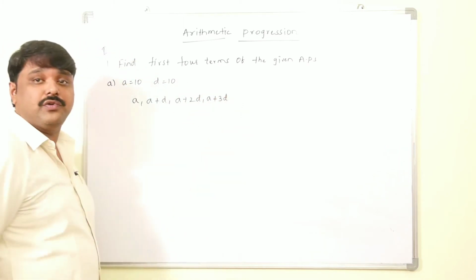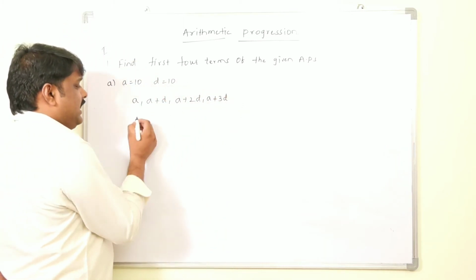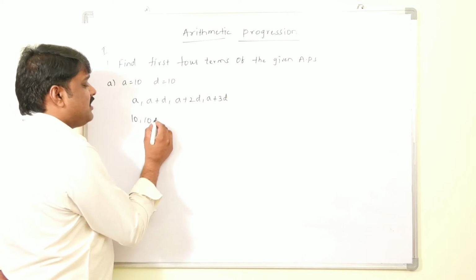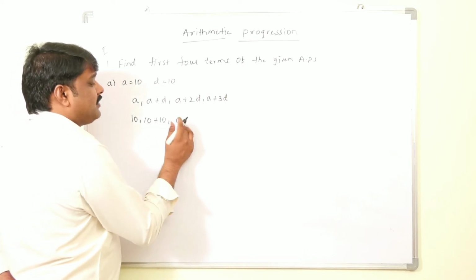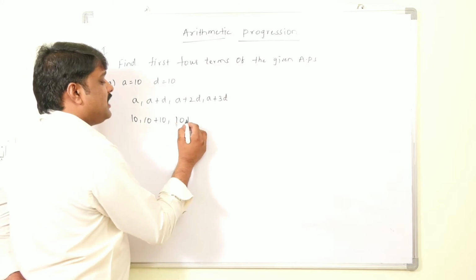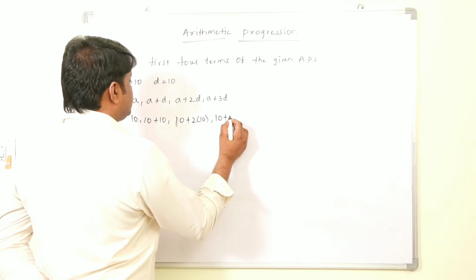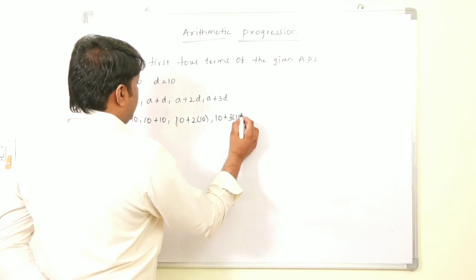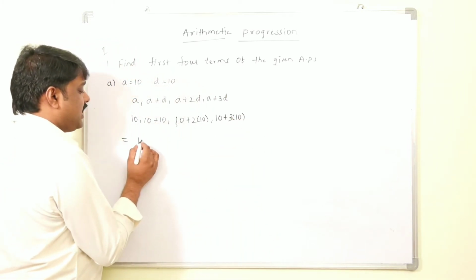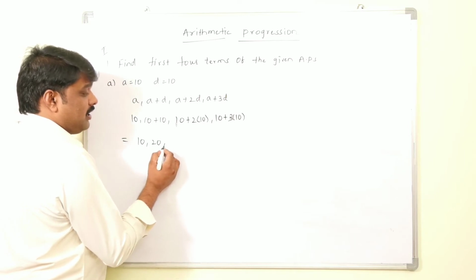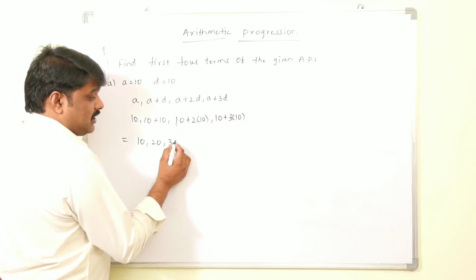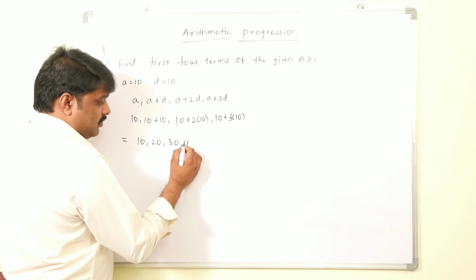These are the first four terms. A is 10. Second one is 10 plus 10. Third one is 10 plus 2 into 10. And fourth one is 10 plus 3 into 10. That is 10, 10 plus 10 is 20, 10 plus 20 is 30, 10 plus 30 is 40.